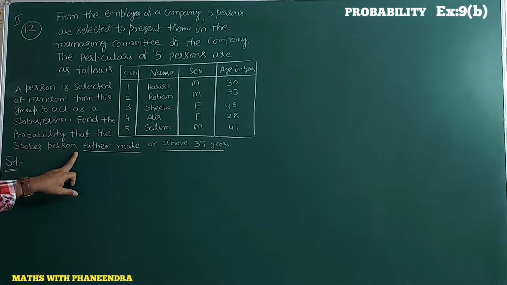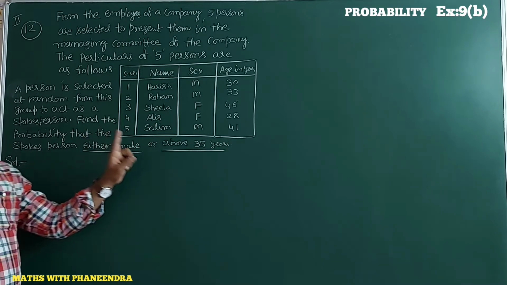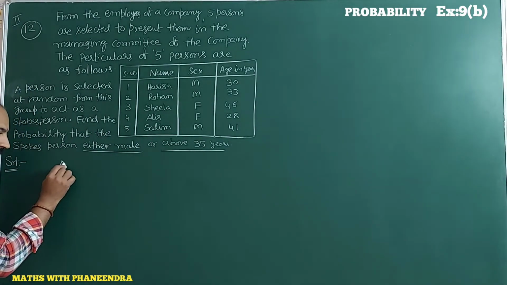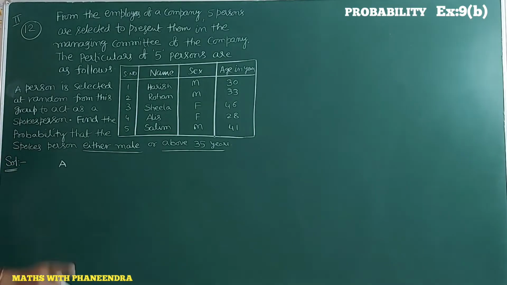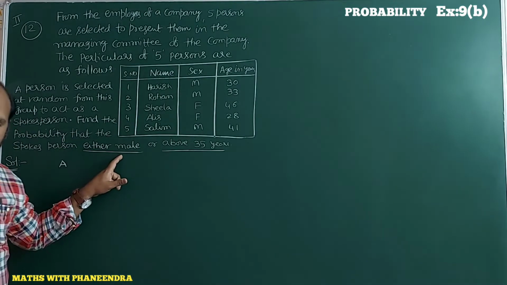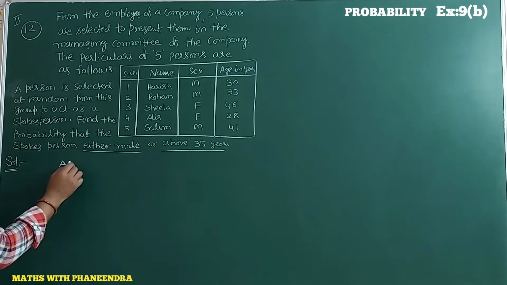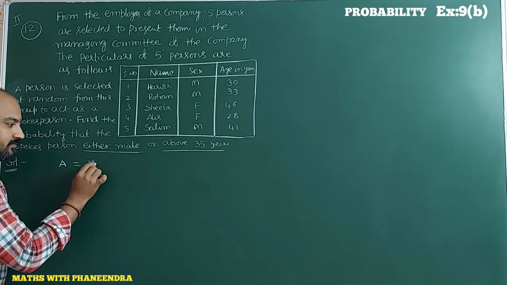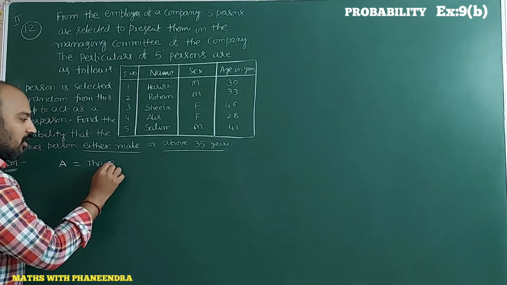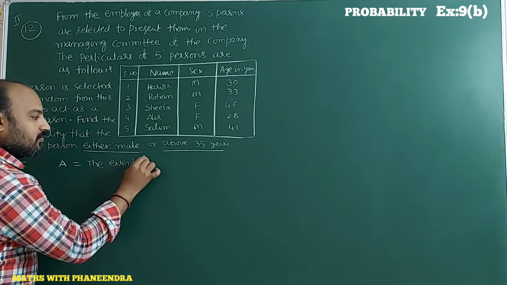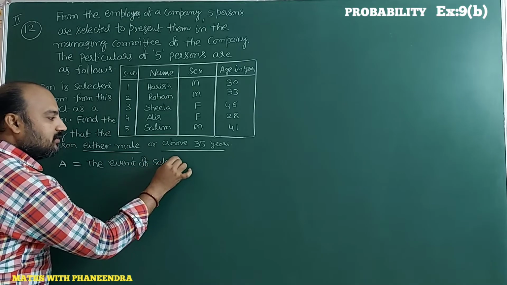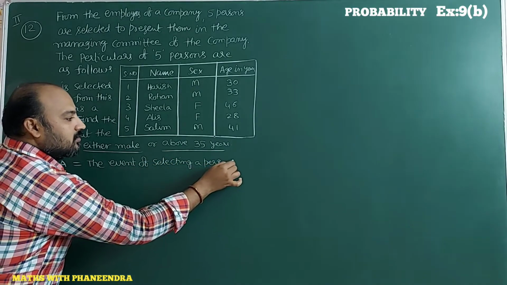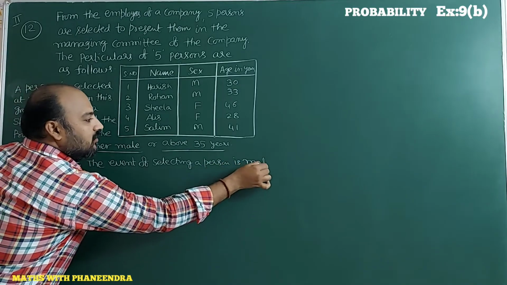The selecting person, the spokesperson, either a male. So let A be the event of selecting a person who is male. A equal to the event of selecting a person is male.